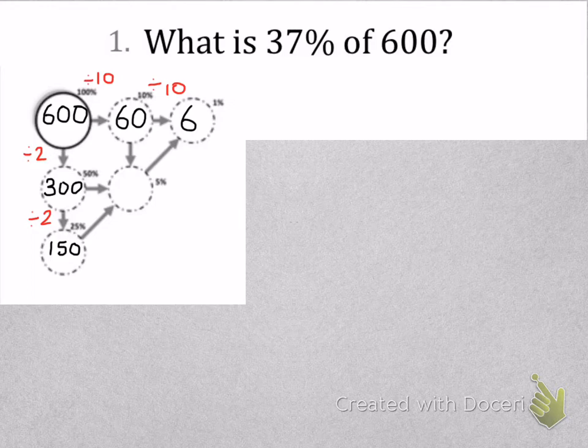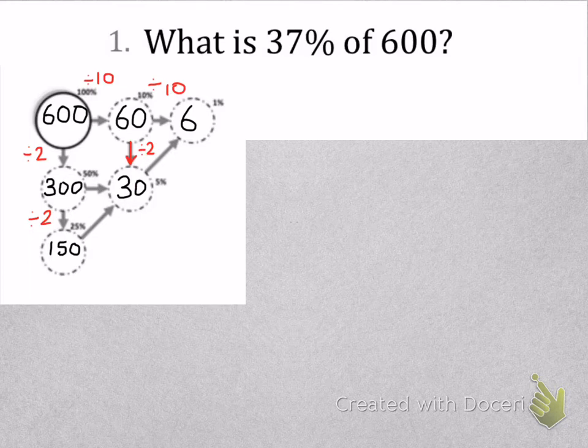Then I've got that funny little tricky one in the middle, and remember I have 2 options. I can either look at 10% to 5%, so that one there. Well, I know that 5% is half of 10%, so I can divide that by 2, and I can say that 60 divided by 2 is 30.